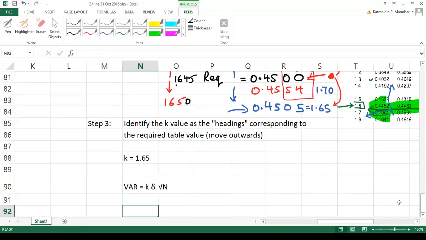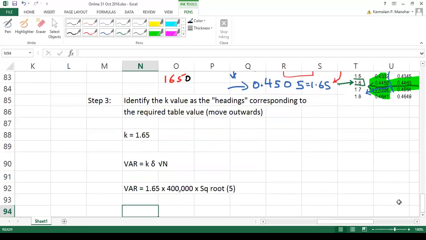And VAR is now equal to 1.65 times our standard deviation, 400,000, times our square root of 5. So somebody punch in that for me. Let's see what we get. Probably do the root of 5 first.